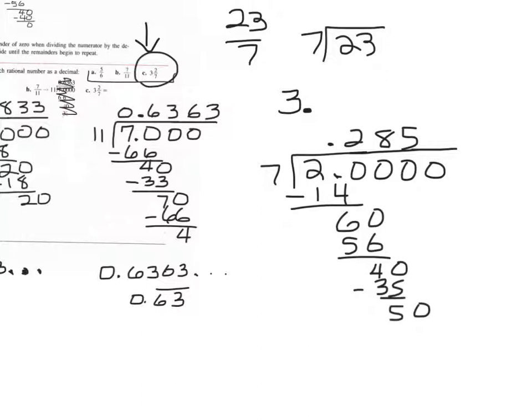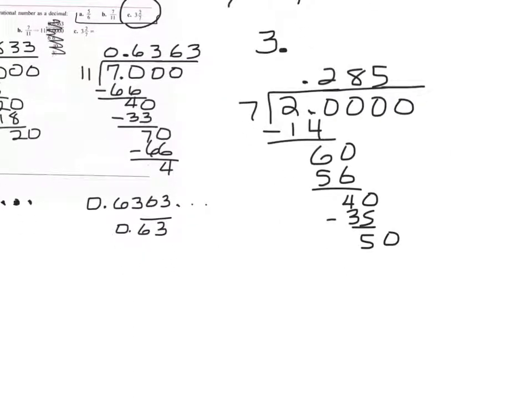Now, if your instructions tell you to round to a specific decimal place, if it said round to the tenths place or the hundredths place, we could stop. But if it says find the repeating decimal, then we have to keep going until we find the pattern. So 7 will go into 50 7 times. Still no pattern.